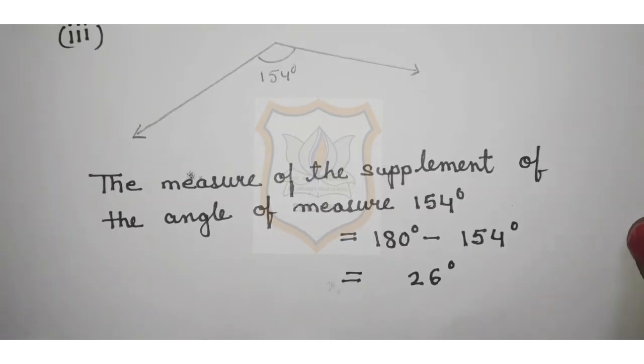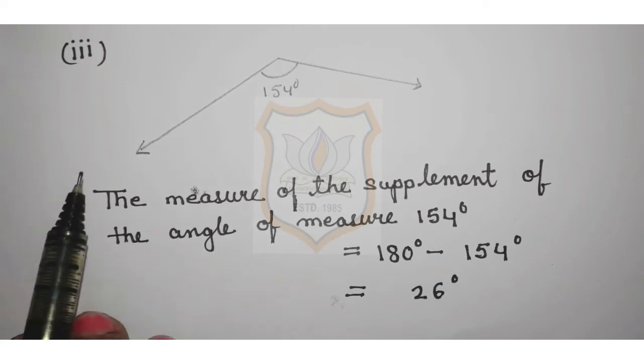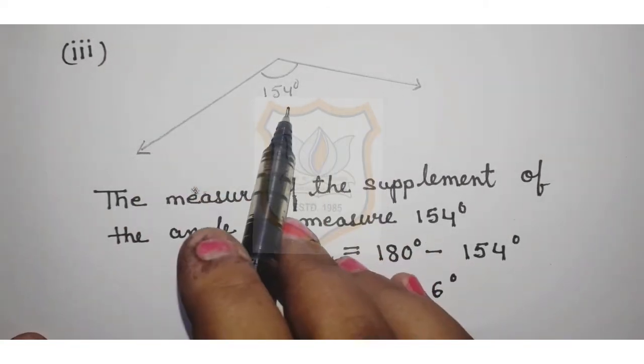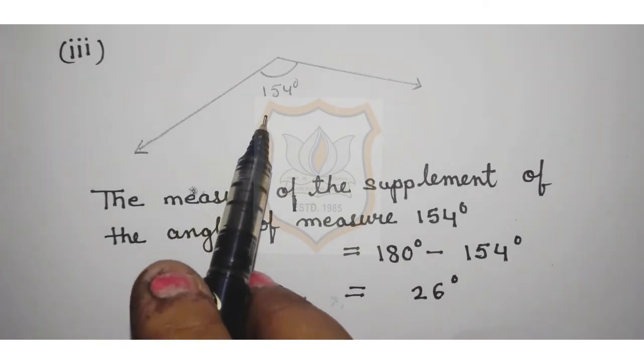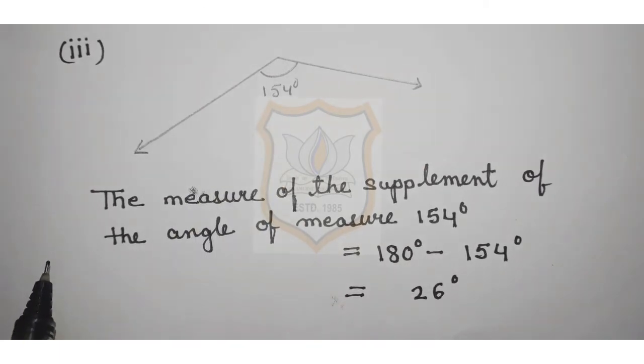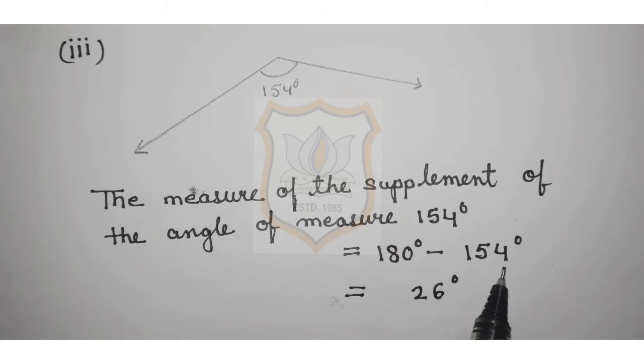Now students, let's solve the third part of question number 2. This angle is of 154 degrees. Now you have to find the supplement angle of 154 degrees. So the measure of the supplement of the angle of measure 154 degrees is equal to 180 minus 154 degrees.